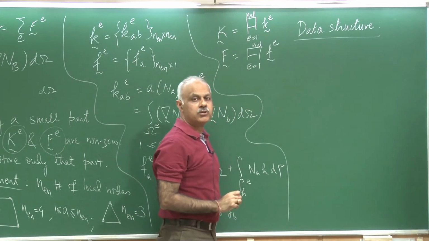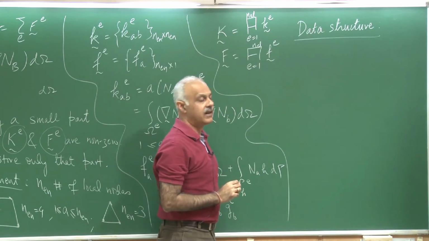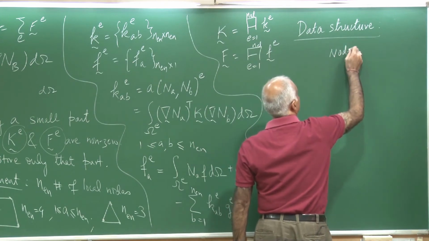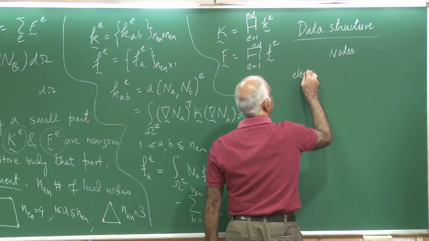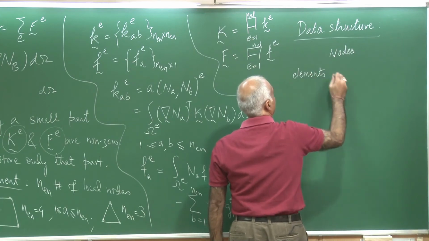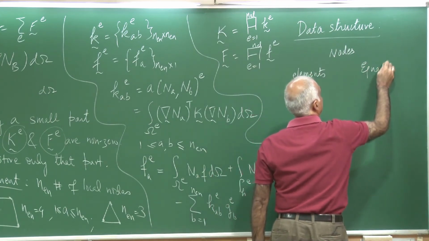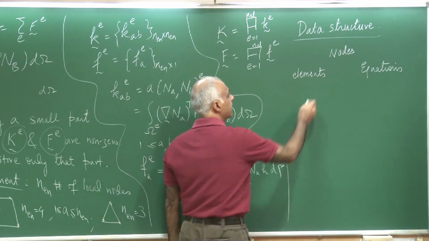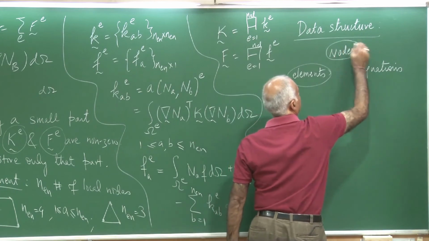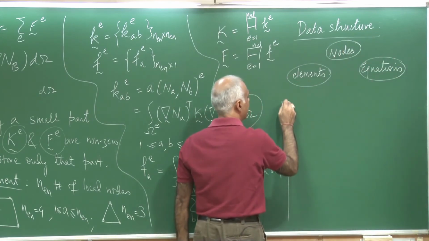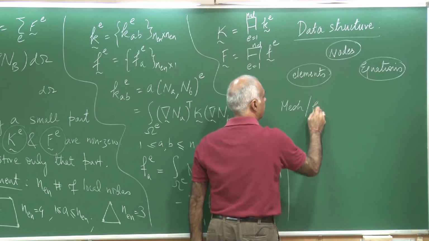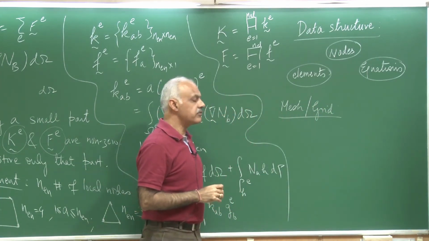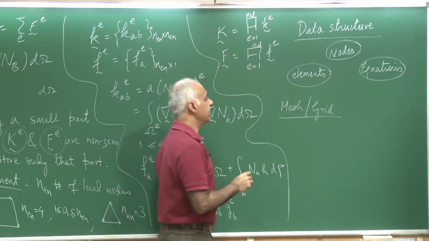So we are talking about three sets of quantities. There are nodes, there are elements, and there are equations. When I make a mesh or a grid, it essentially consists of two of these arrays.